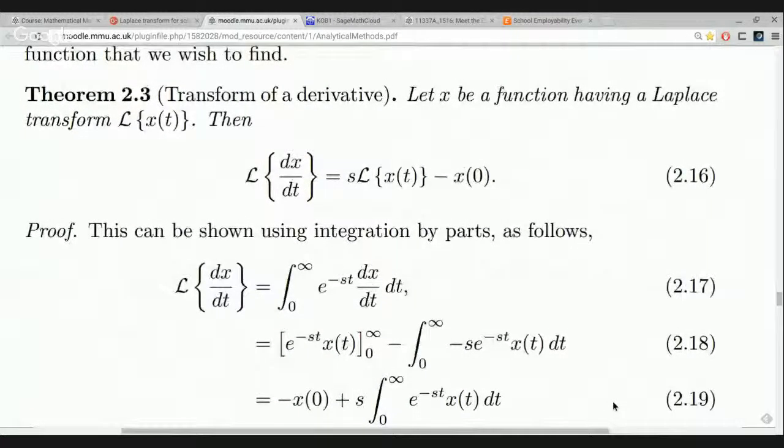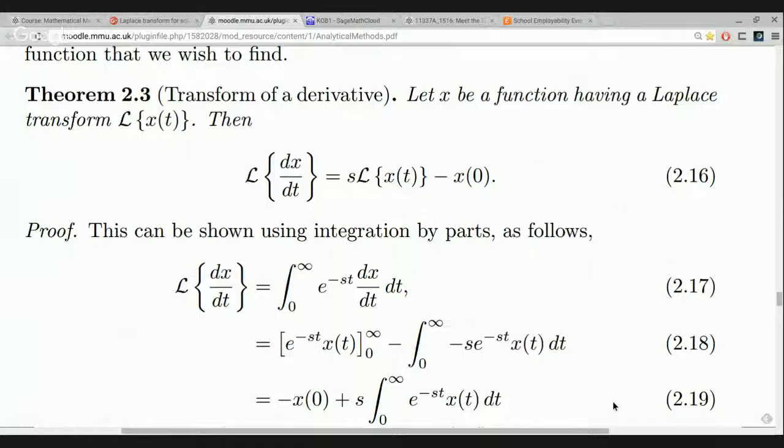But the most obvious important property for dealing with differential equations is this one, about how the transform operates on the derivative of a function. Okay. So we proved this last time, where little x is a function of t, and we suppose it has a Laplace transform of x of t.